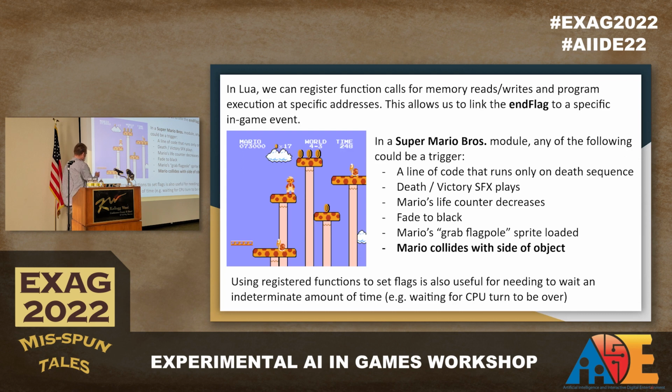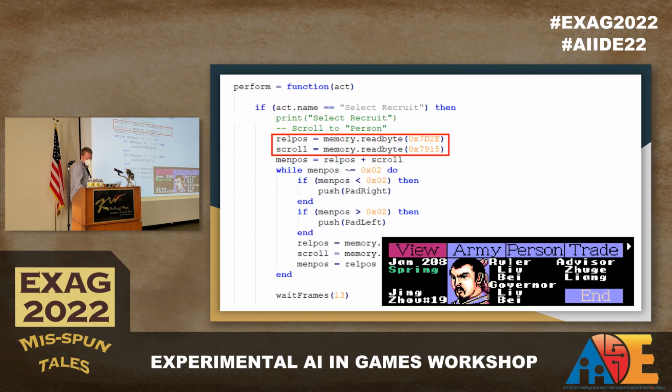You can just say, wait for this to happen. This is a very simple example of some of the code, where all it's telling it to do is scroll through the menu to the person option and see the explicit memory addresses it needs to read. It just needs to hold either left or right on the pad until it gets there. And then after that, it'll proceed.